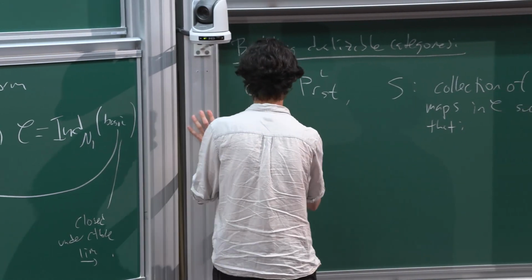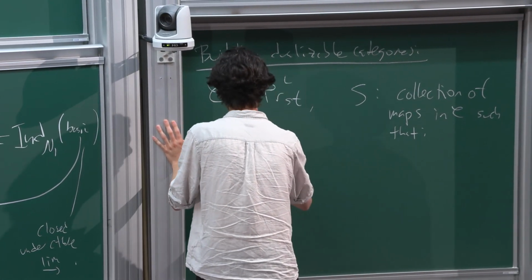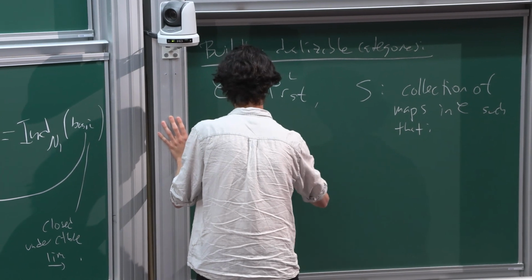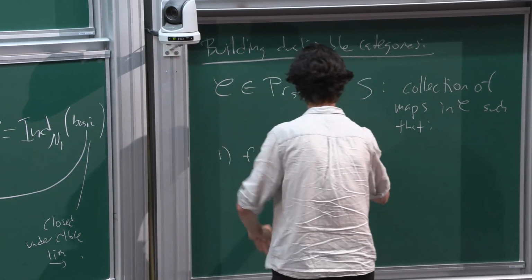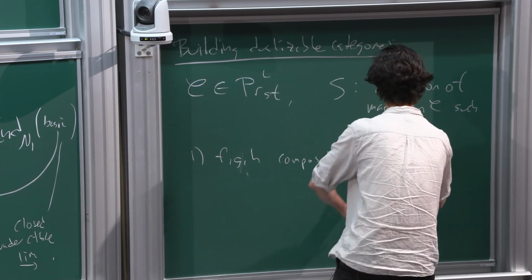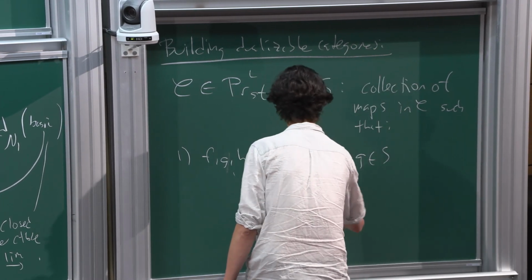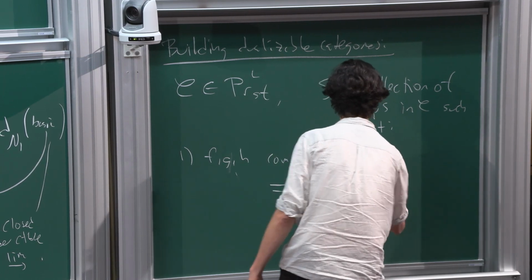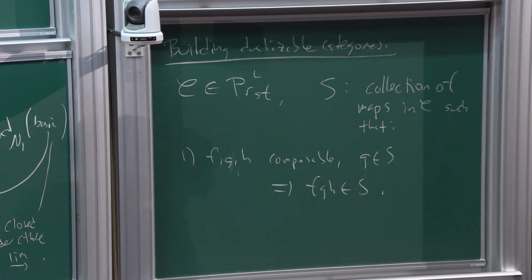So the first one is that if f, g, h are composable, then g in S implies f, g, h in S. So a kind of two-sided ideal.